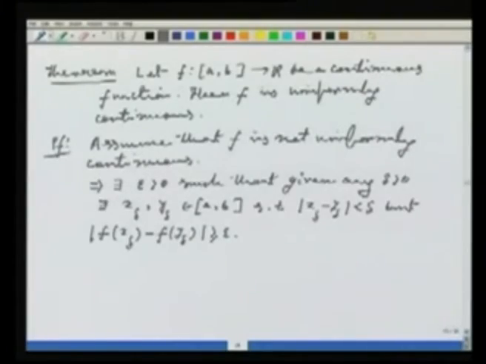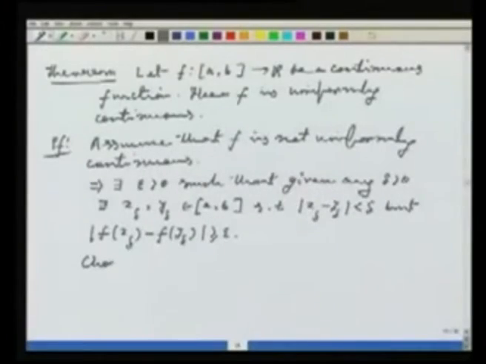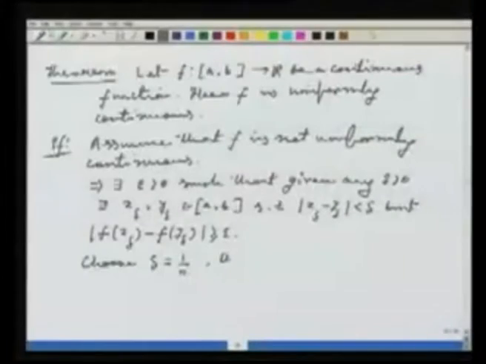That is what not uniformly continuous means. Fine. So with respect to this bad epsilon, I am going to choose delta according to my will. So I will start choosing delta equal to 1 by n. Then corresponding to this delta, there are 2 bad points, x delta and y delta, which now I will call xn and yn.